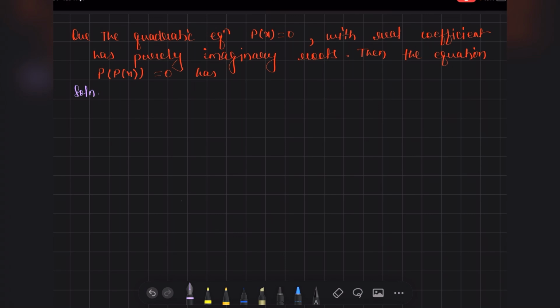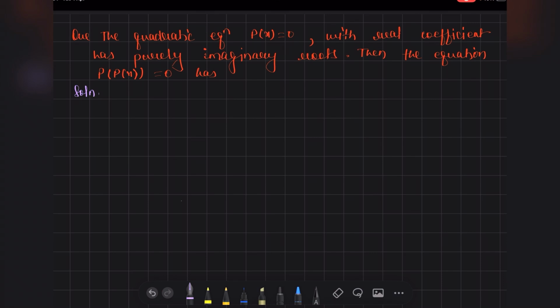Then the equation p of x has... the question is trying to convey that in this situation we will get a purely real root, a purely imaginary root, or neither purely real nor purely imaginary roots.